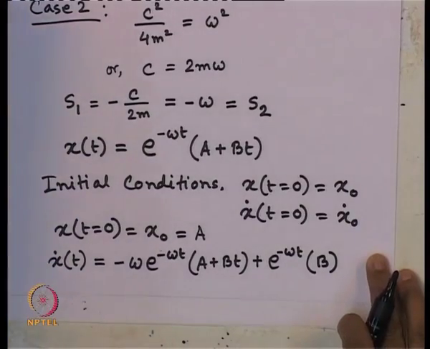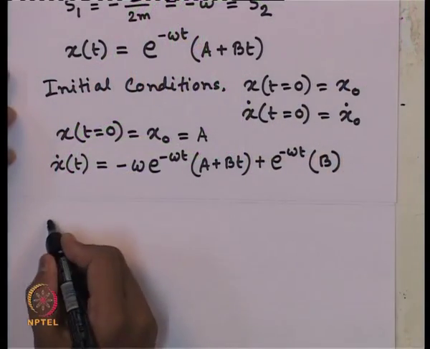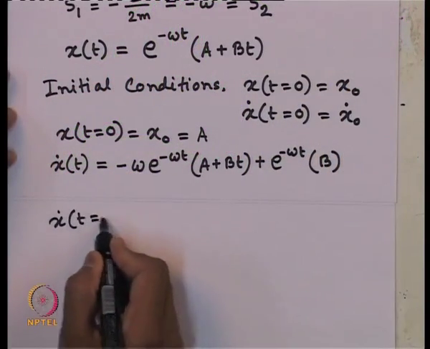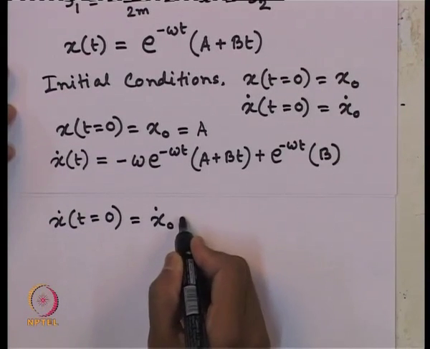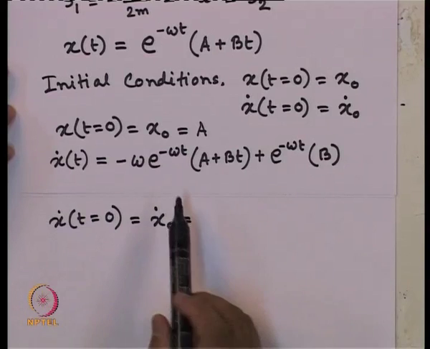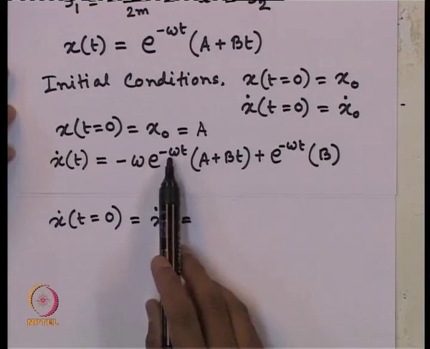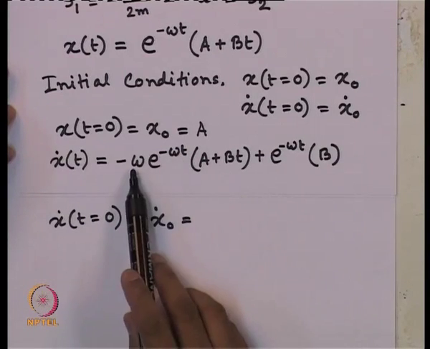Now, let me put the other condition, that is the condition of initial velocity, in the solution. Let us look back here. So, x dot at t equals 0 is x naught dot, known to us. If we put in this expression t equals 0, what are we getting?